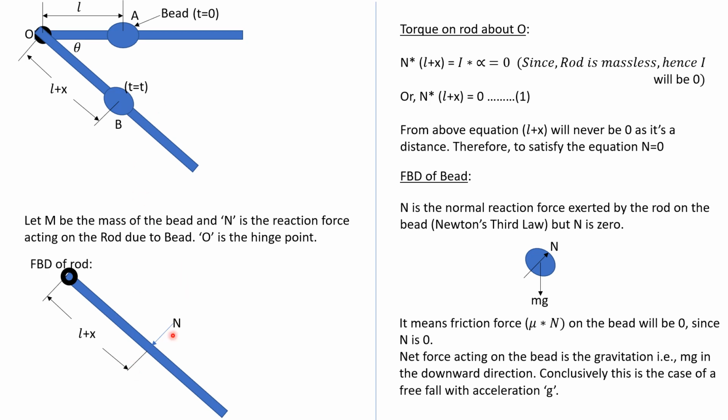The bead applies a force N on the rod. O is the hinge point. This is the free body diagram of the rod. L plus x is the distance at which N acts, because the bead is here. You can take either direction, but we have taken it acting in this direction, since the rod is rotating in this direction.